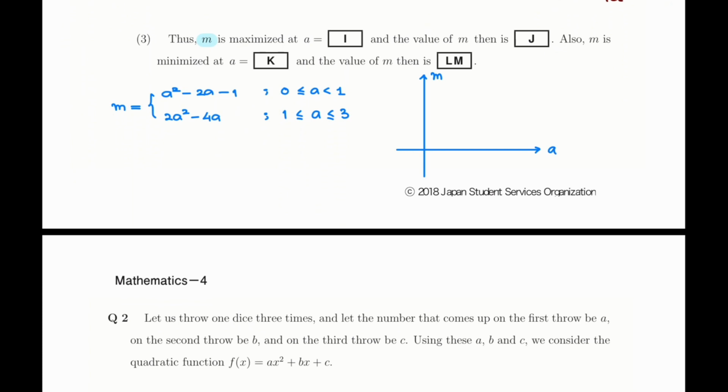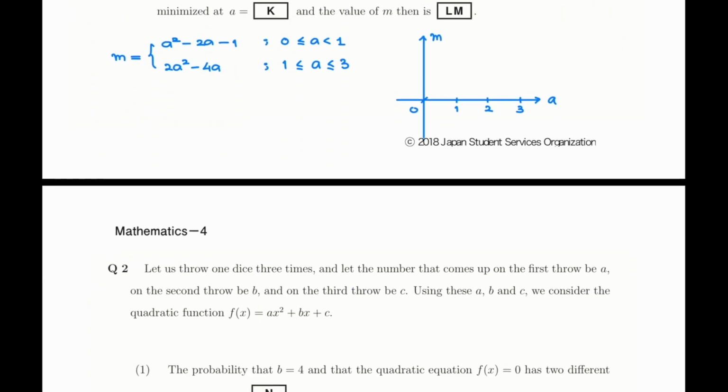Just focus on 0, 1, 2, and 3, these 4 coordinates. When a equals 0, if you see from this equation, then m equals negative 1. So our graph starts from these coordinates.